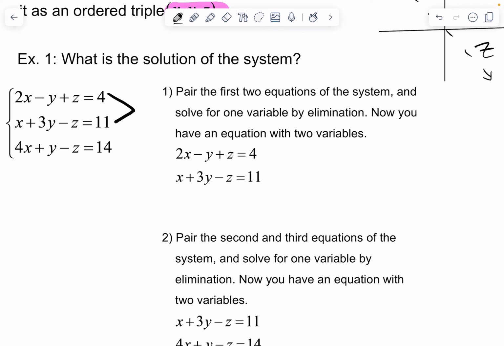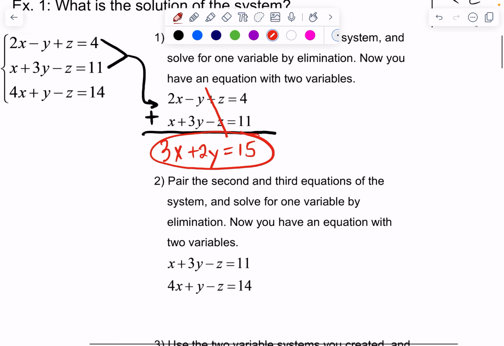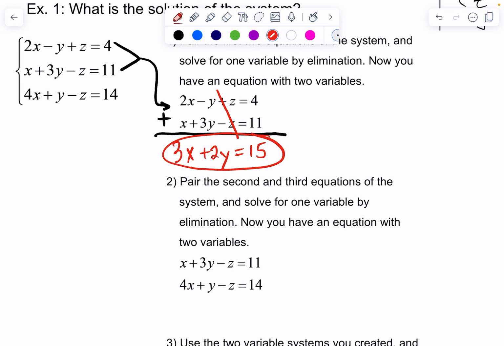So you're literally going to take these first two, and in this particular case, the z is the easiest one to solve for. Sometimes it's nice and easy like that. Sometimes you got to manipulate the equations. But these z's go bye-bye. I've got 3x plus 2y equals 15. Let's hold that there.